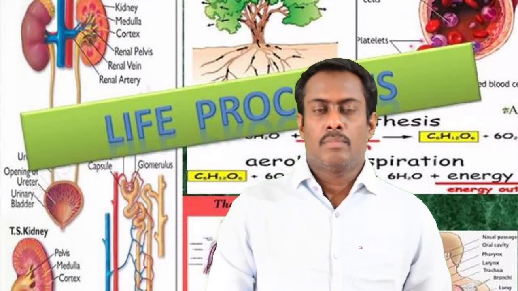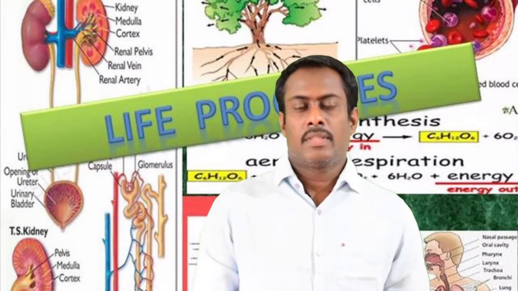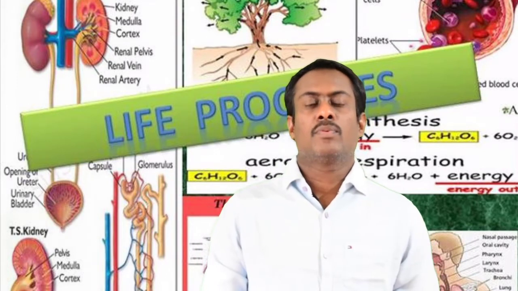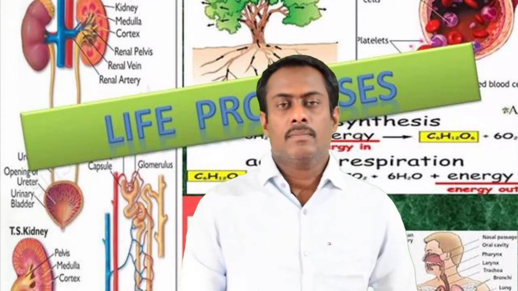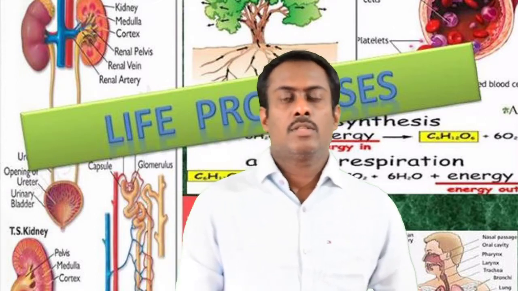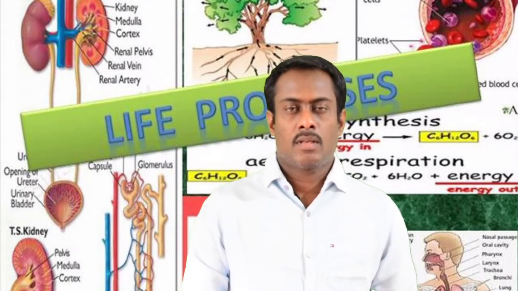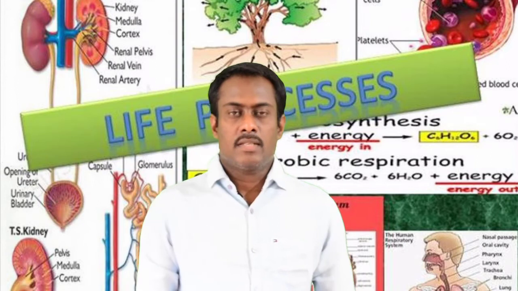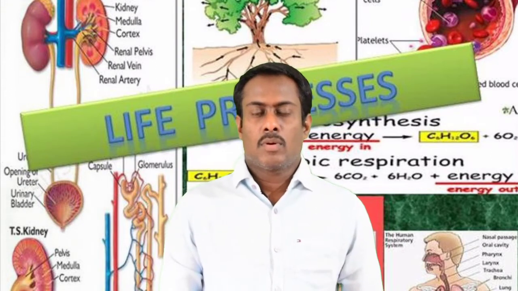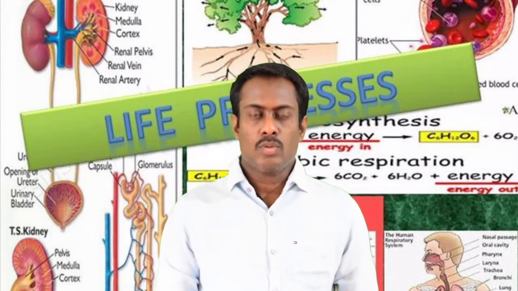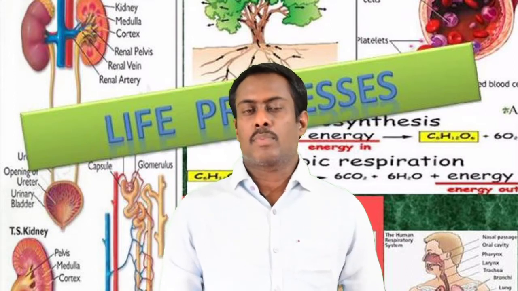They get it from the food they take. Obtaining food is commonly called nutrition. And the nutrition process then supports the living organism for its growth, development and maintenance processes.